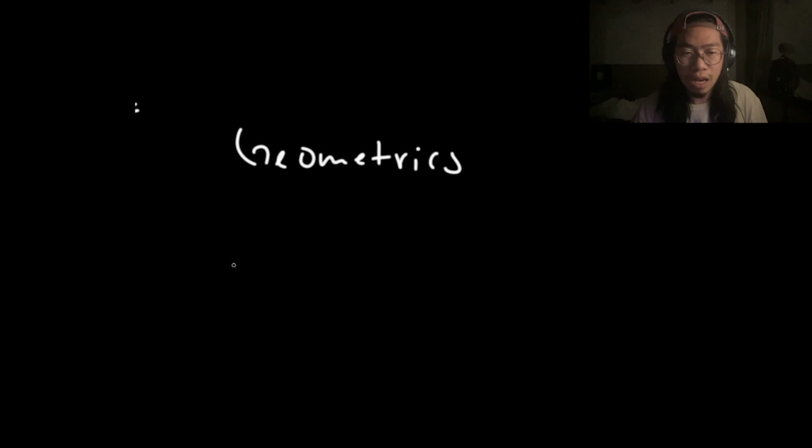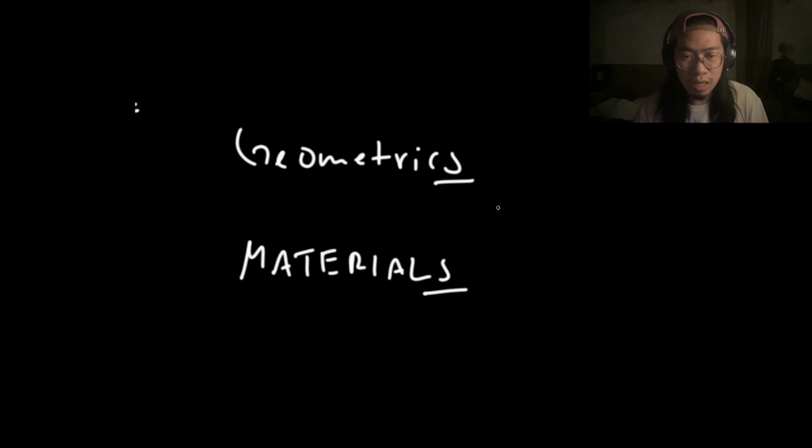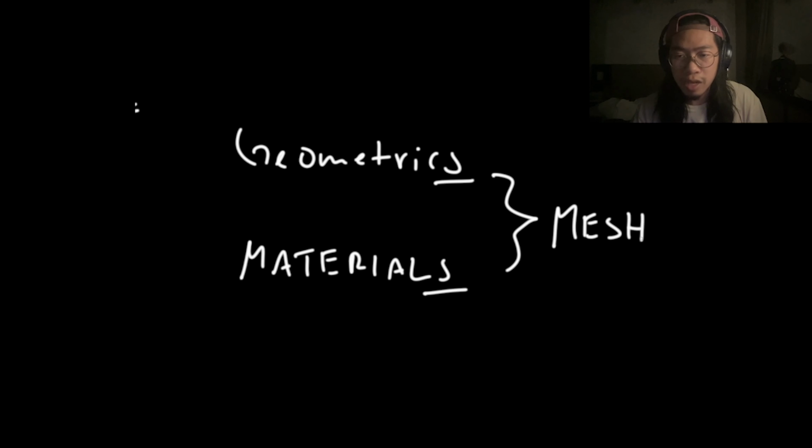And you can have materials. If you've worked with any other 3D modeling software, you kind of understand how this works already. You have a shape, and you have your textures, and then they combine into something called a mesh, which is the amalgamation of these things. It takes the shapes and the textures and the visuals and combines them. And you need both of these.